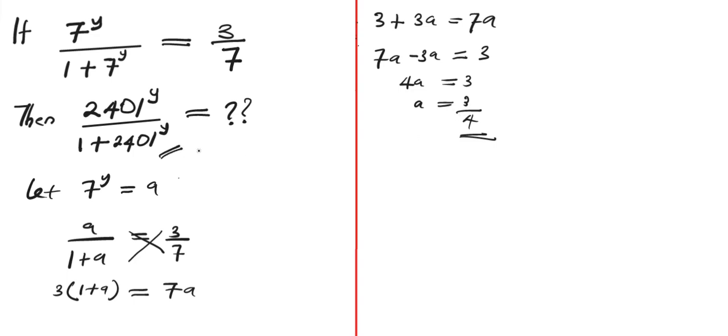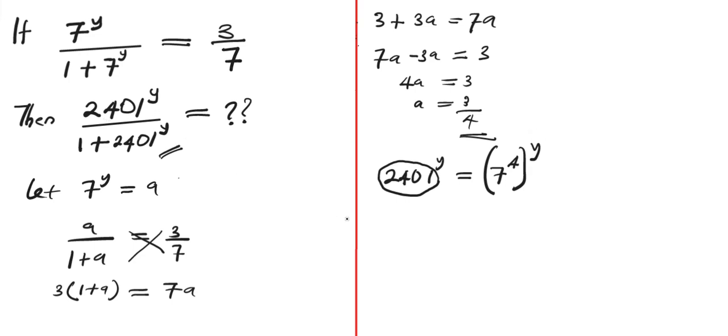Now we have 2401 power y. 2401 on its own is equal to 7 power 4. So with this y, we are going to have 7 power 4 power y. So 2401 power y equals 7 power 4 power y. We insert this wherever we have 2401 power y.